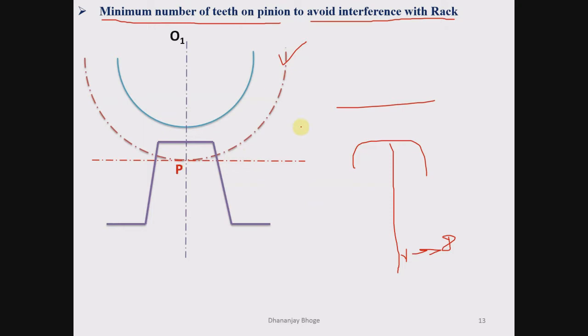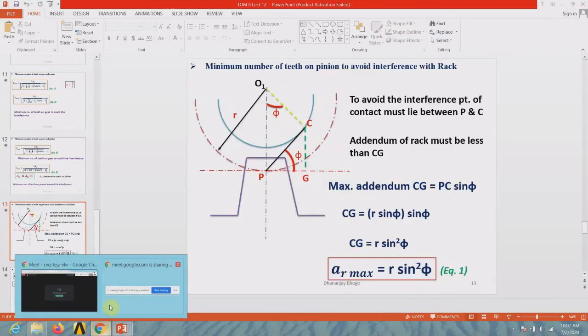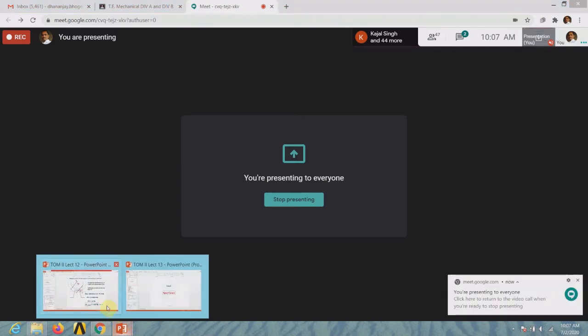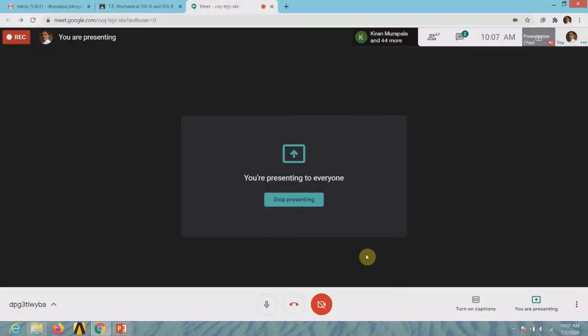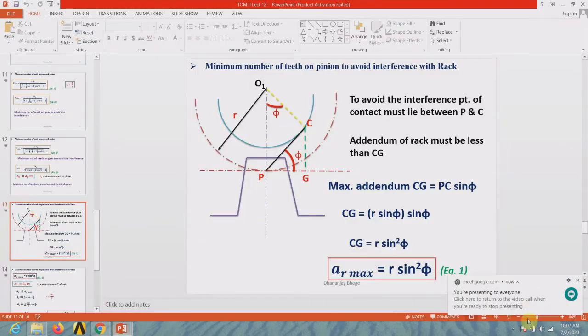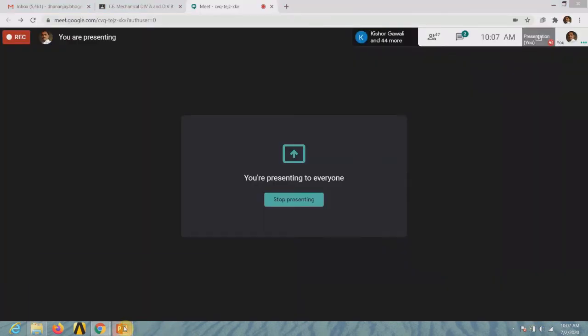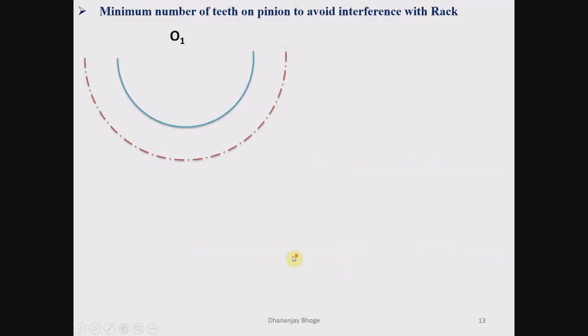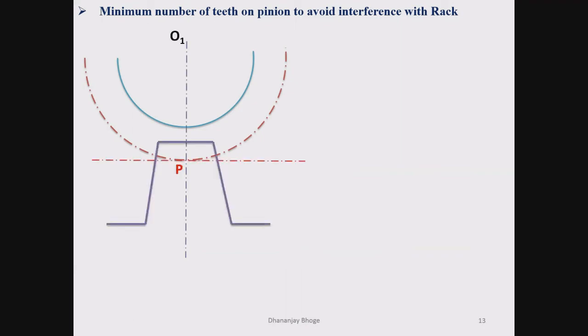So show the pitch point P. The next, we'll draw the pressure line which is tangent to the base circle of pinion.